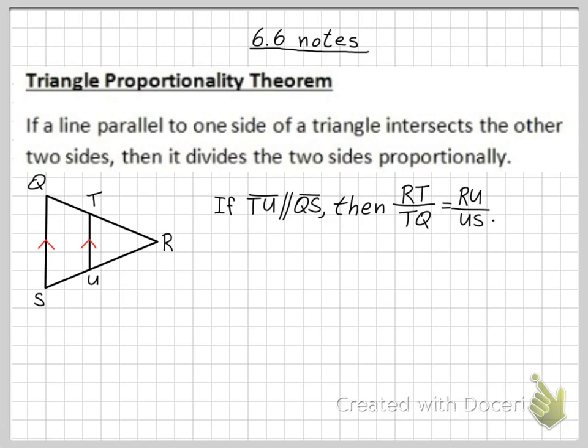So if line segment TU is parallel to line segment QS, then RT divided by TQ is going to be the same value as RU divided by US. And you can use that triangle proportionality theorem to find missing lengths. Okay?